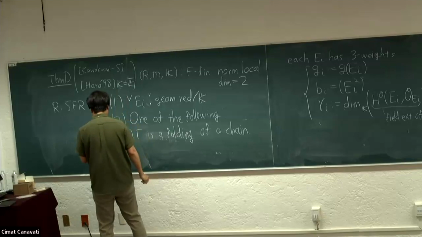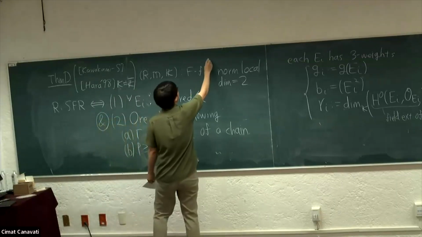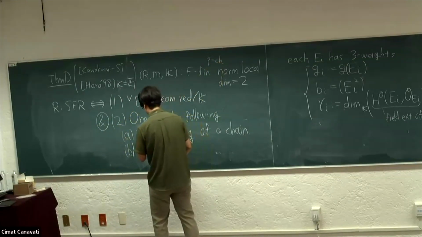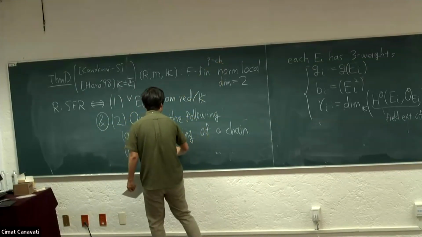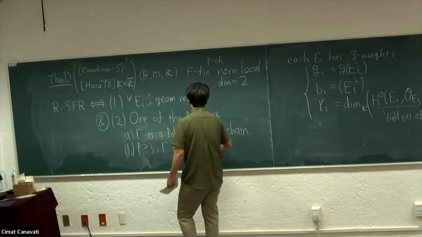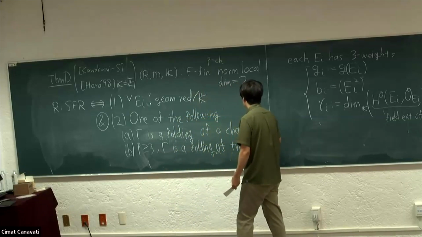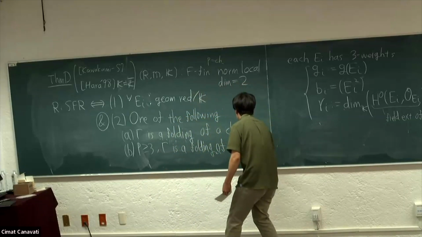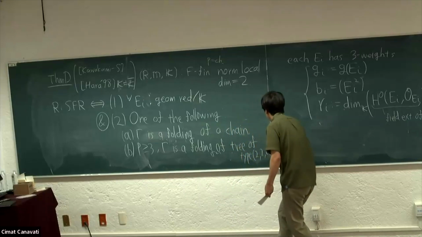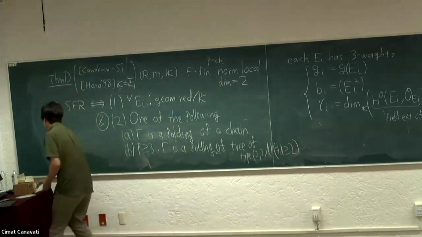The second case is that the characteristic is larger than 3, sorry, the characteristic is not 2 or 3, and the dual graph is a folding of type 3 or some. So this is the second case.